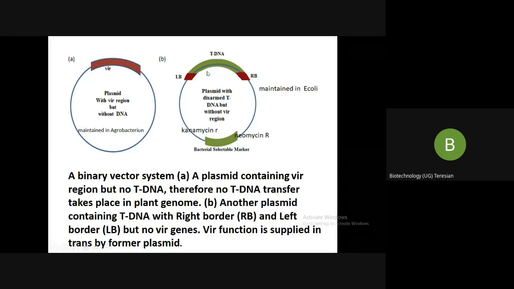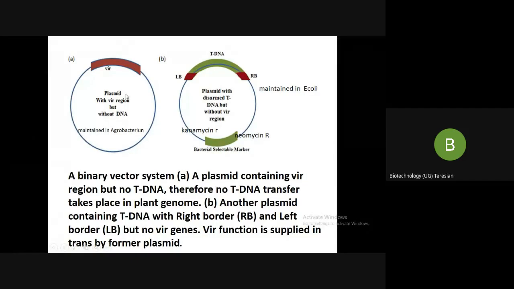Disarmed means that it is not carrying the oncogenes, but it has the transfer DNA and it has a left border and the right border. Along with it, it has neomycin resistant antibiotics and kanamycin resistant antibiotics.